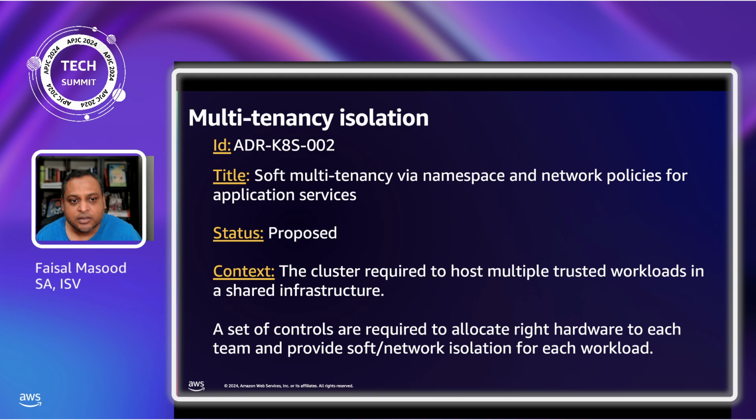The other one is that when we are sharing the resources, we want to put some sort of guardrails, some sort of controls, so that the right hardware is available to the right service or computing system, and they have some network boundaries. So this is the requirement we have, this is the context we have. This is why we are making this decision: because it's a shared infrastructure, we want trusted workloads, and we make sure everybody gets their fair share.